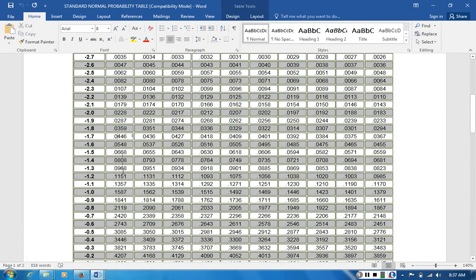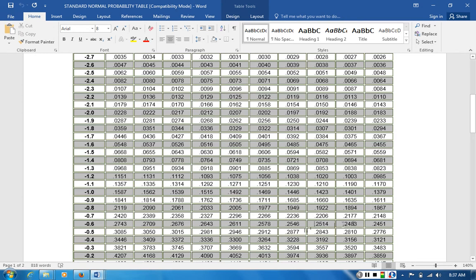So I go 0.21, 0.24, 0.27, so 0.25 is somewhere between those two numbers. Work until I find the closest thing I can. I see a 0.2514, and I see a 0.2483, and my 0.2500 is somewhere between those two numbers.